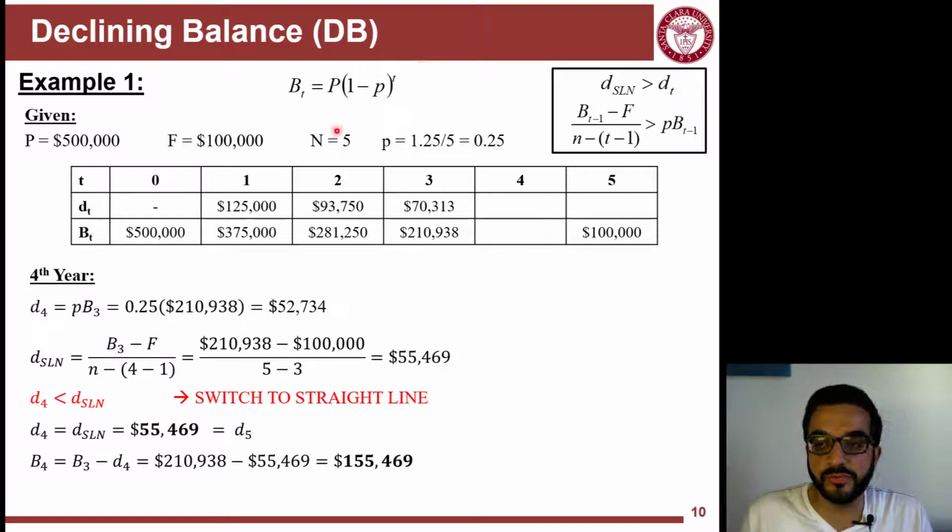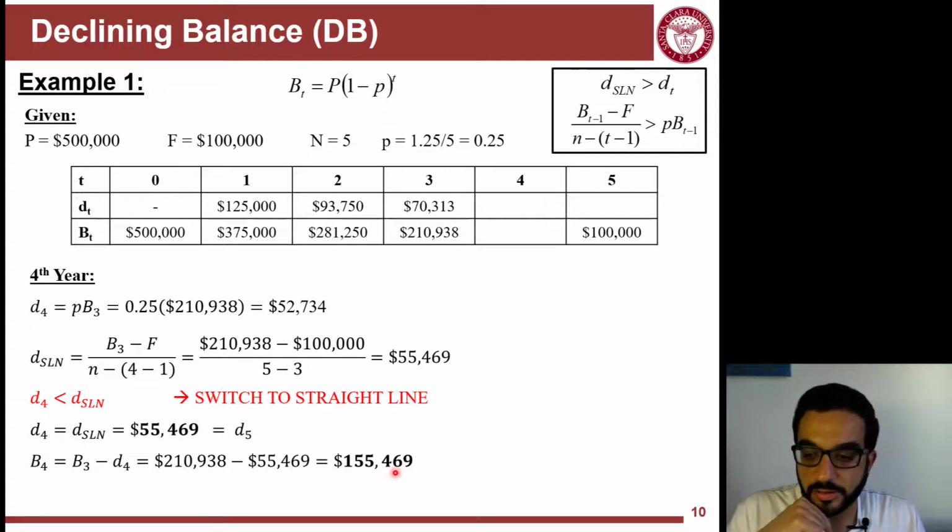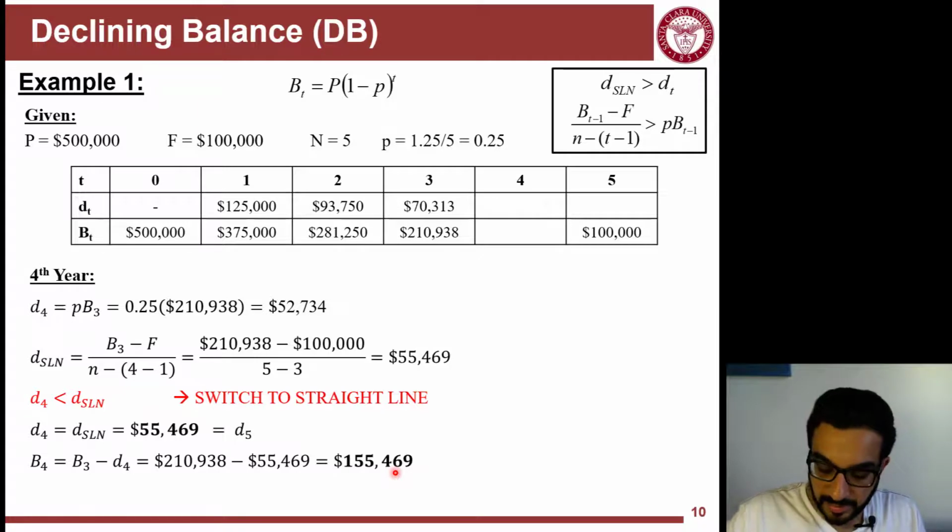Declining balance was useful for the first 3 years, but in the fourth year and the fifth year I'm switching to the straight line. So the book value at the end of the fourth year would equal the book value at the end of the third year, which is the beginning of the fourth year, minus whatever depreciation happens during the fourth year, which is the one I just calculated here, the DSLN, and that will be the book value at the end of the fourth year.